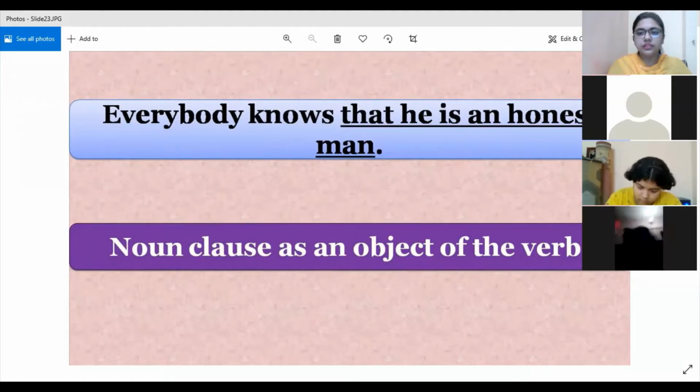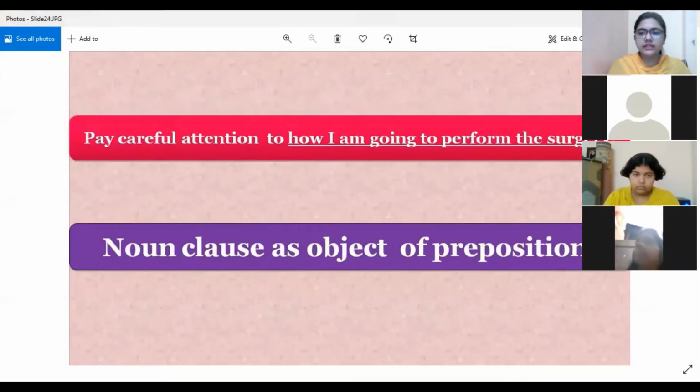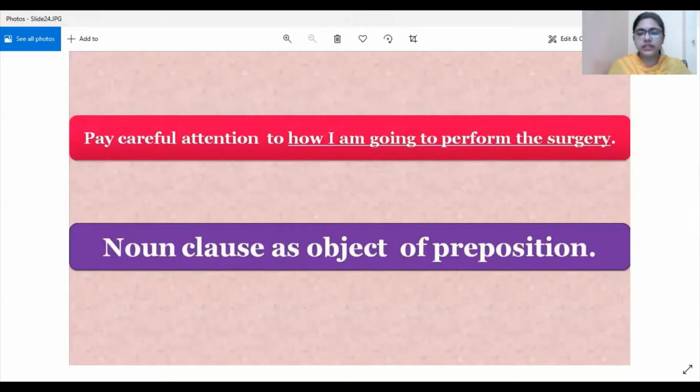Then another function of noun clause is to act as the object of a preposition, like I told you. Okay, pay careful attention to how I am going to perform the surgery. Now, to, if you see, is what? It is a preposition. So any noun clause which is placed right after the preposition functions as nothing but object of preposition.